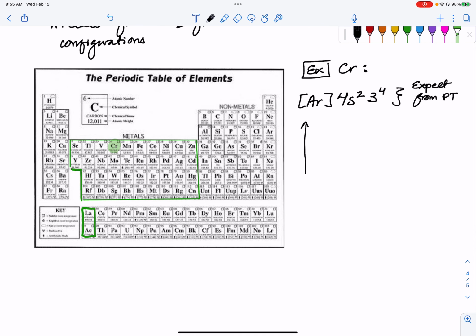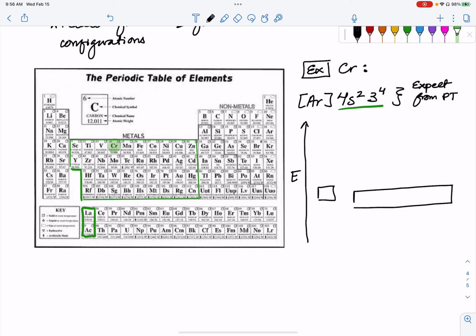However, let's look at the orbital box diagram for the valence or outermost orbitals of chromium. So for s, that is a higher energy level, 4s, and then 3d. Remember, there's only one orientation for the 4s, and then 5 orientations for the 3d.